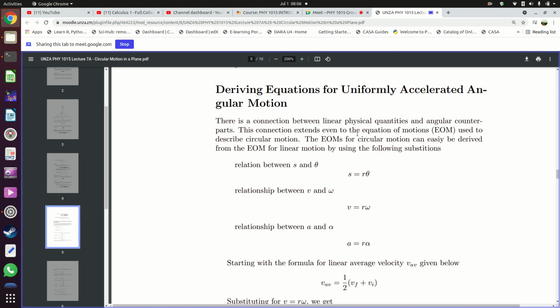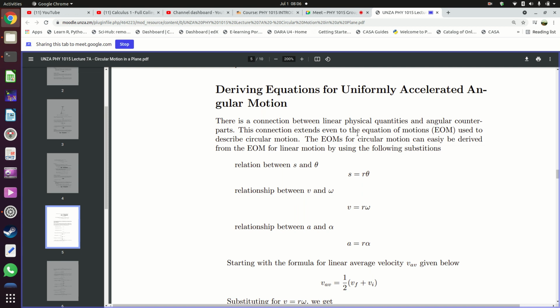Or you can drive your car faster and faster until maybe you overspeed and the police catch you. So what is more practical is that an object can spin or rotate faster and faster on an axis. So acceleration is actually very possible.